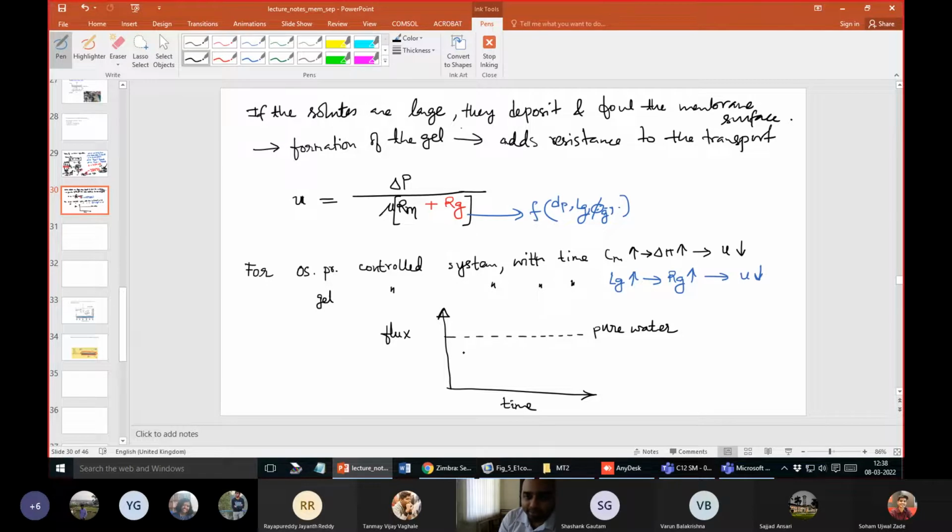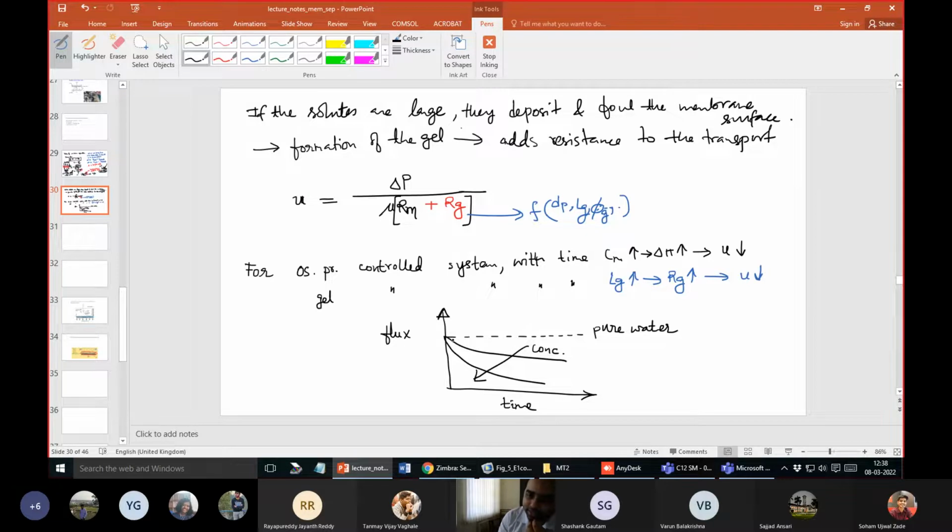But for all other cases, it should theoretically start from this point and it would decrease. The higher the concentration, the more the flux decline. So this is the general trend.